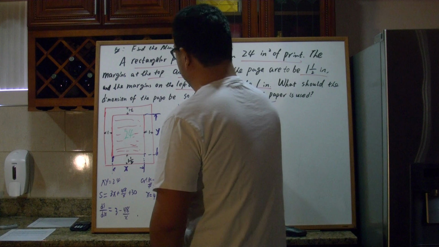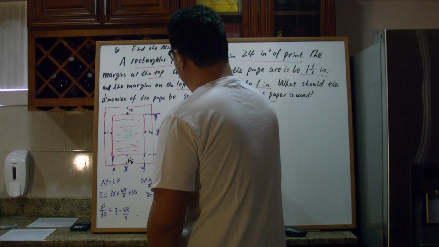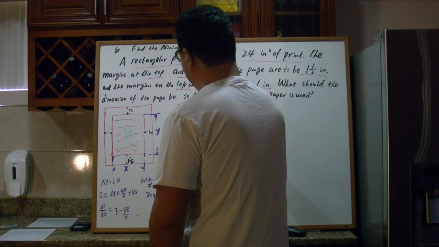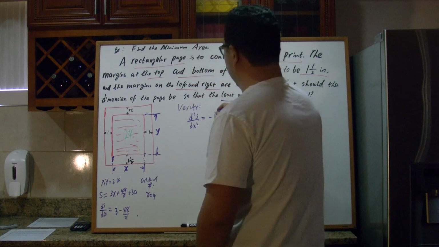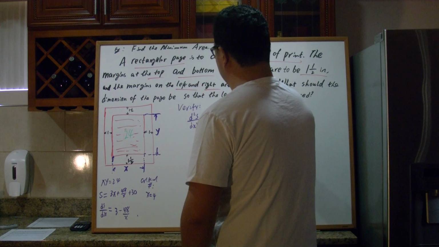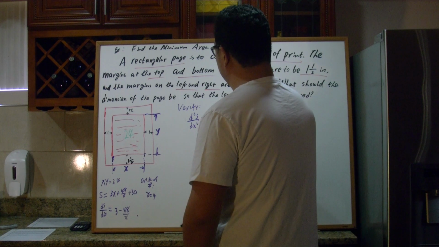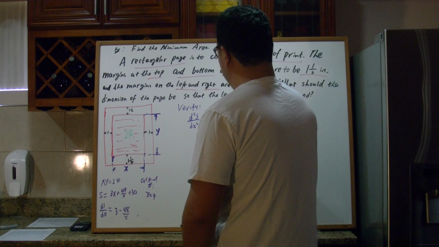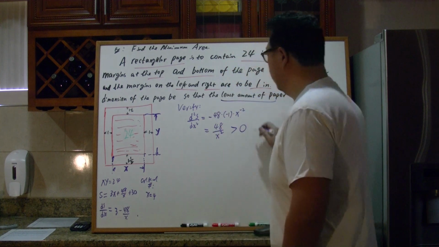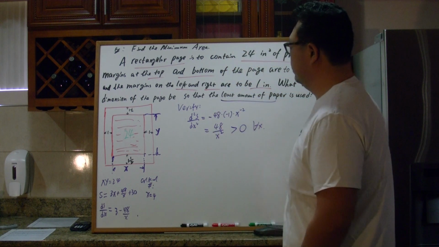We need to find the second derivative. That's negative 48 times negative 1 times x to negative 2, that's 48 over x squared. It's always positive for all x.